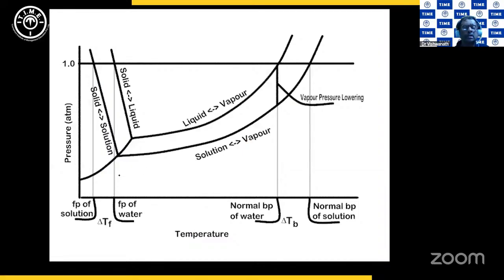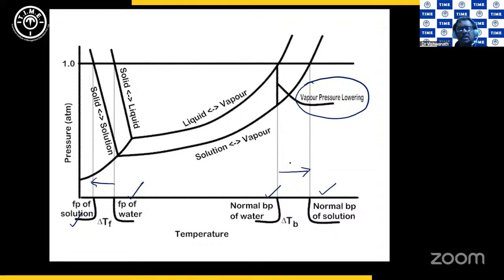Now, this is the boiling point of the pure liquid and the boiling point of the solution. So there is an elevation in the boiling point because there is a lowering of vapor pressure. Similarly, there is a decrease in the freezing point of the solution compared to the solvent, so it is coming down.